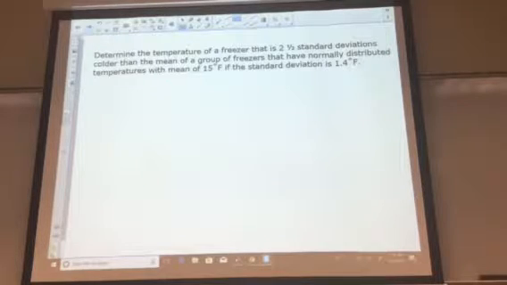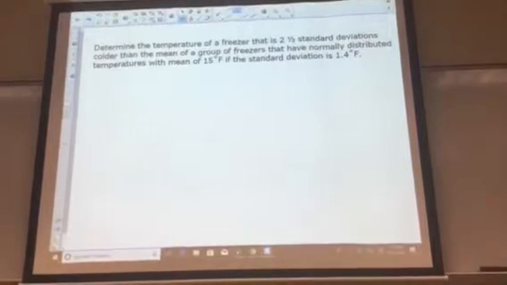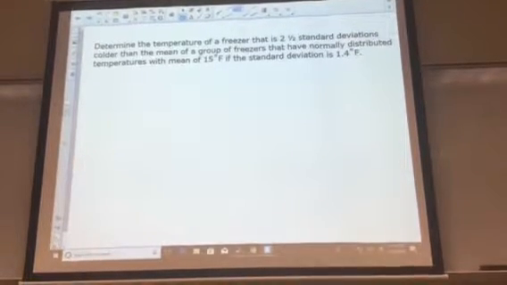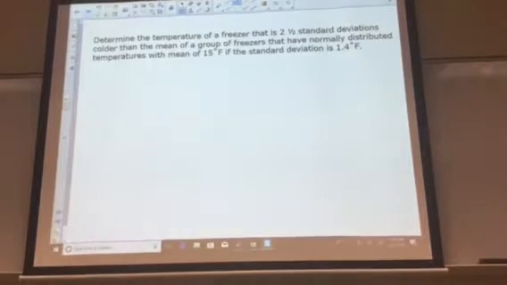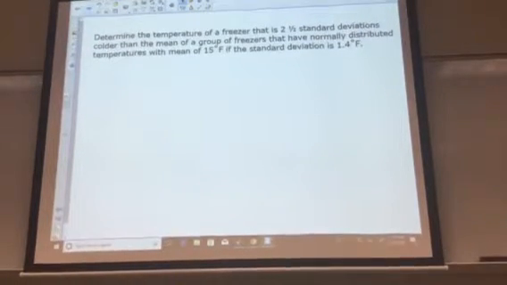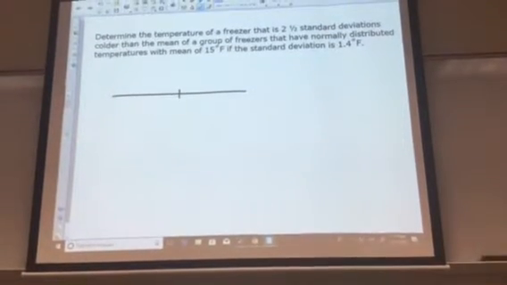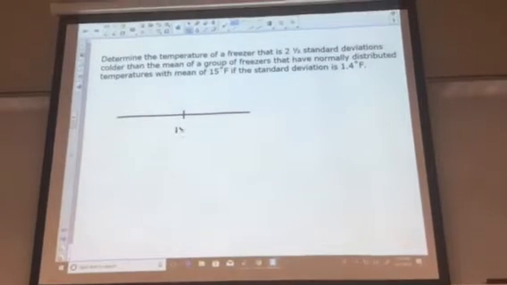Determine the temperature of a freezer that's 2.5 standard deviations colder than a group of freezers that are normally distributed with a mean temperature of 15 and a standard deviation of 1.4. So if I'm a picture-oriented person, my universe is centered at 15.